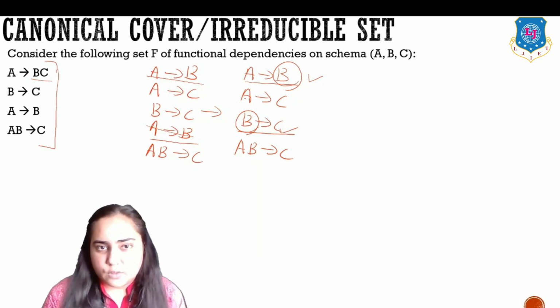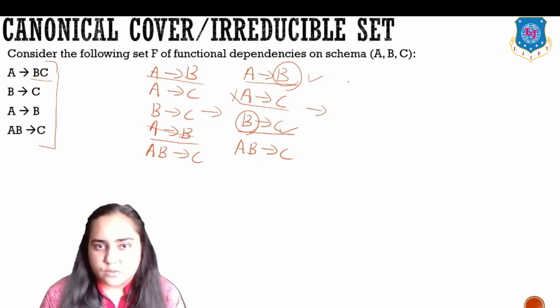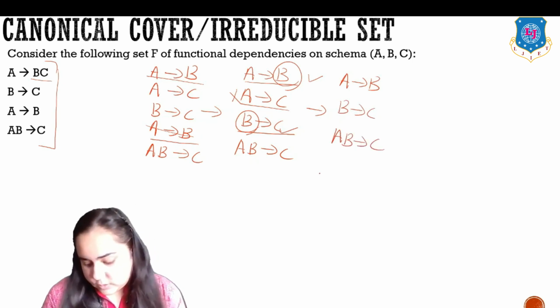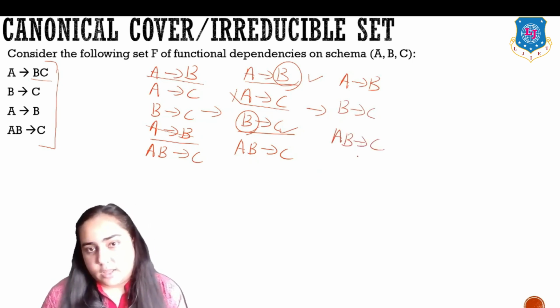So I do not require this dependency since it can be generated by using the other two. So I'm going to go ahead and remove that. And it gives me A determines B, B determines C, and AB determines C. So these are the three dependencies left now.